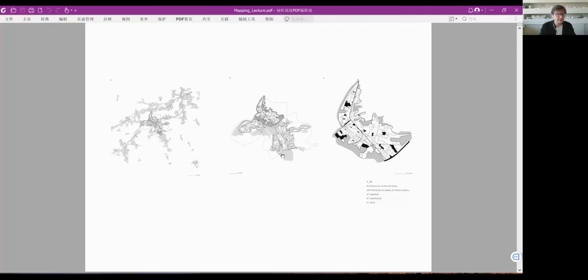I'm saying this because it's important that you understand the location of your building. Is it at a node, an intersection, an important place because you want to generate traffic, or is it off the main road, the main traffic, because you want to create silence, for instance?